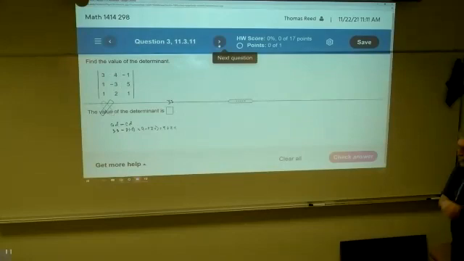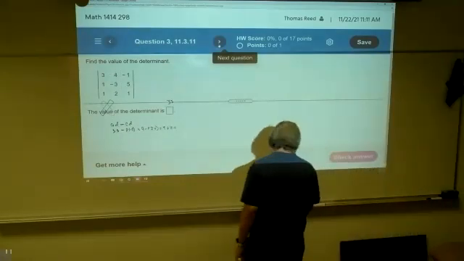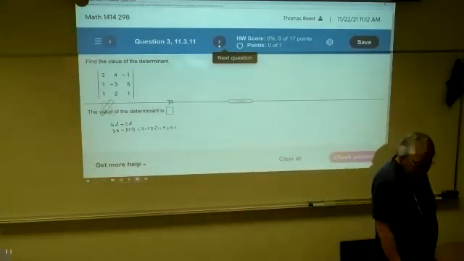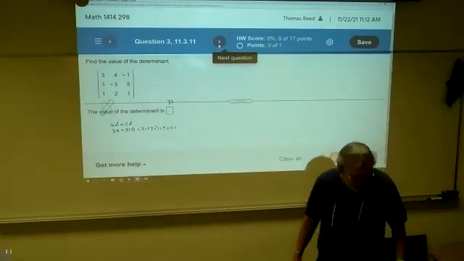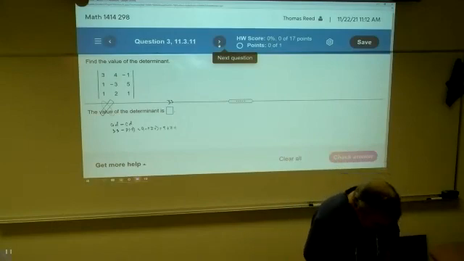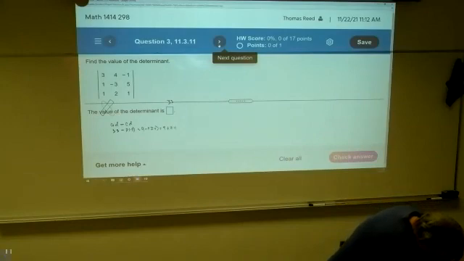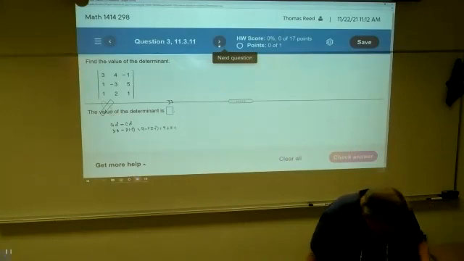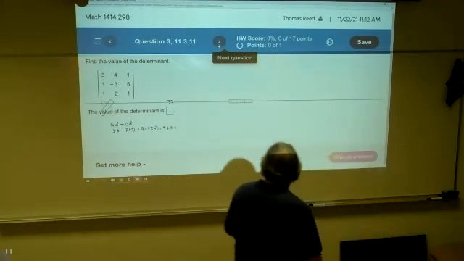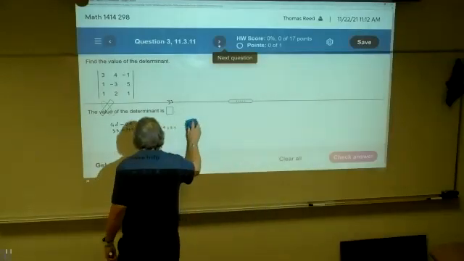So finding this determinant, I gave you a couple of ways of doing it. One way is using Cramer's rule, which is the rule they want you to use. When you go on into higher mathematics, you'll come across Cramer's rule again.